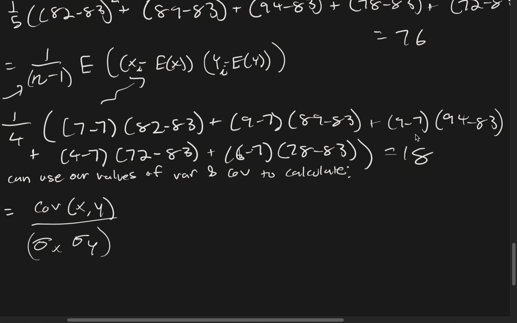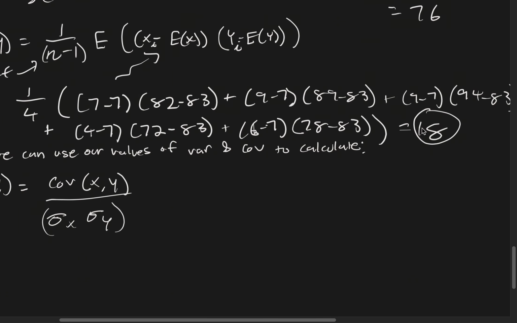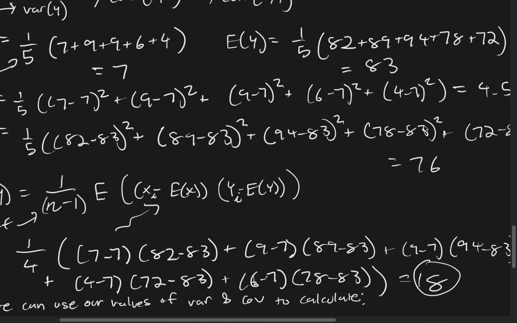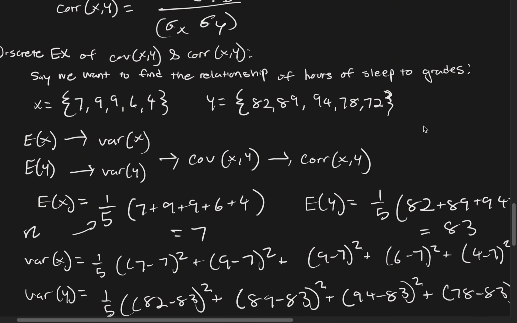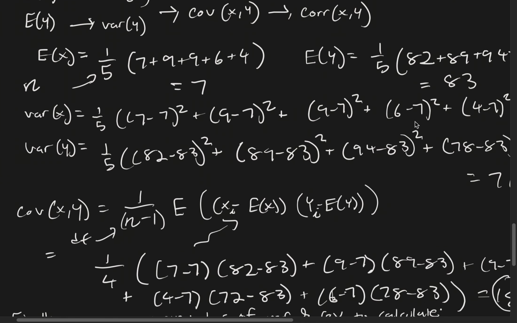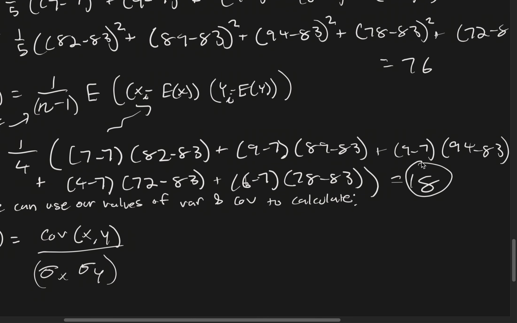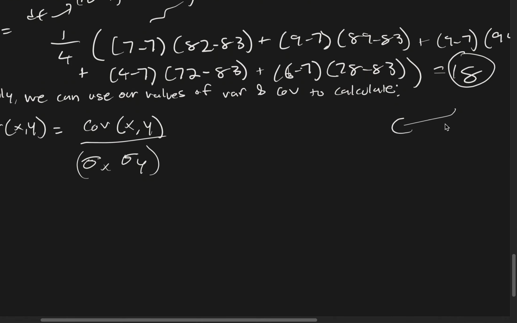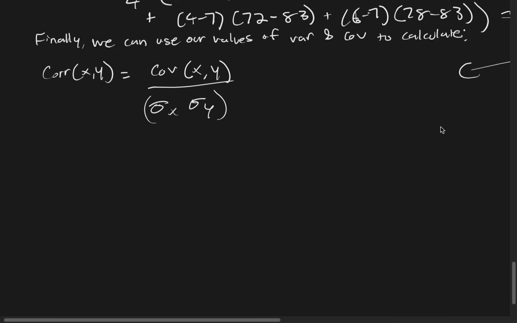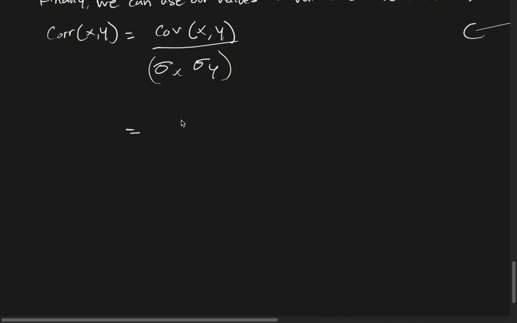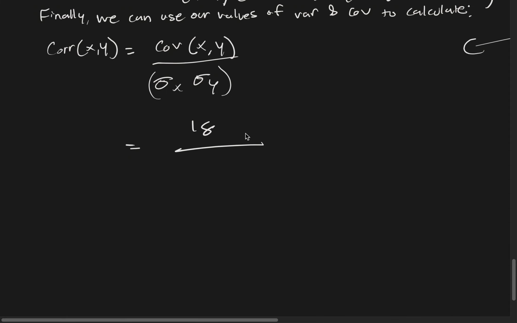Again, this 18 right here is not the most meaningful because we don't know if hypothetically x and y had very big raw numbers, then 18 would actually be a small covariance. And that's why we're utilizing this 18 to find the correlation of x and y. So the covariance, again, is 18.